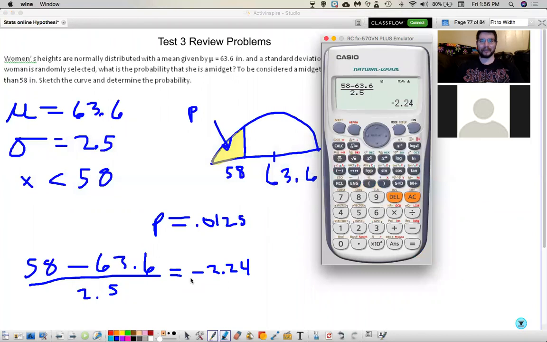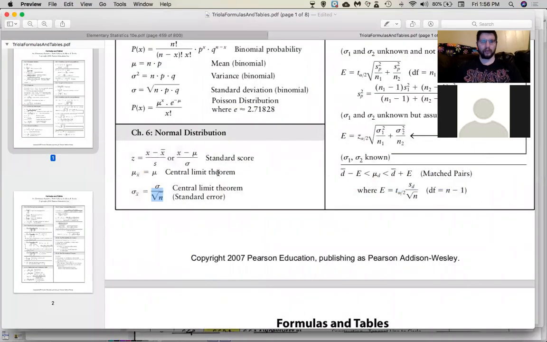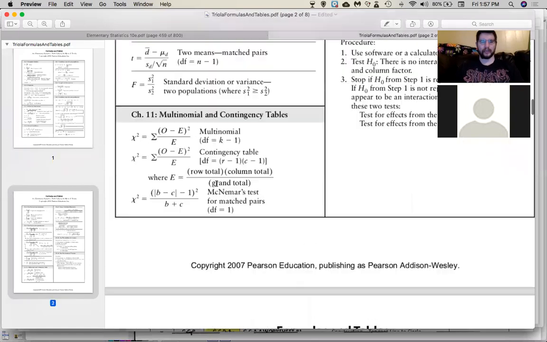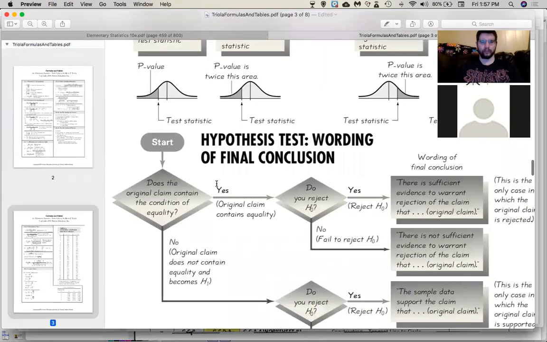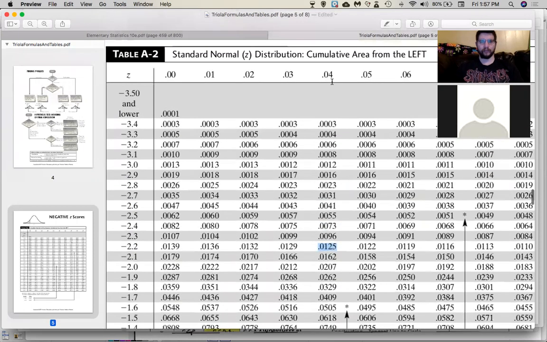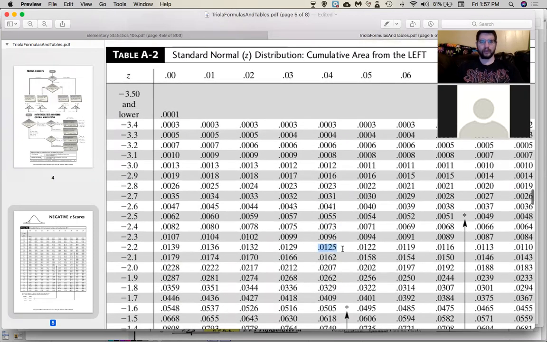This is a Z chart. We're looking at Z for the normal distribution. So all of these are going to be Z's. Negative 2.24. Negative 2.2, 0.04, right here. Yep. So 0.0125.